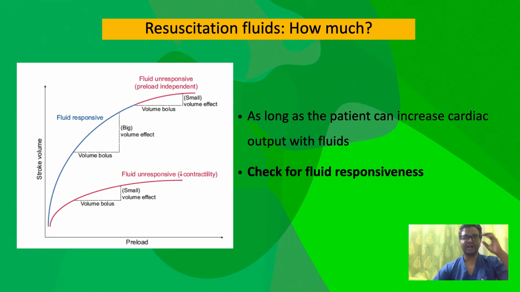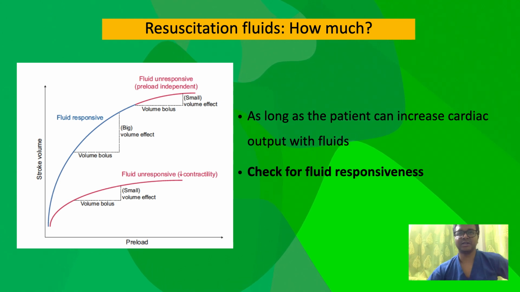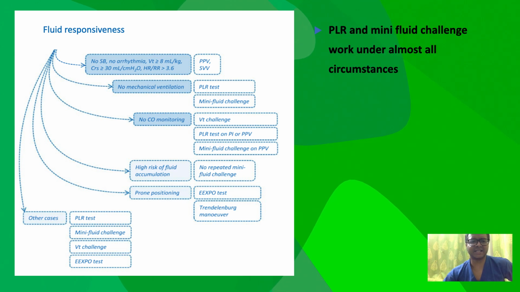If we do not measure cardiac output, then there are surrogates to measure this fluid responsiveness. There are innumerable tests to look for fluid responsiveness in different clinical conditions, depending on whether the patient is spontaneously breathing or mechanically ventilated. But what is important to know is that the passive leg raise test and the mini fluid challenge mostly work under almost all circumstances.